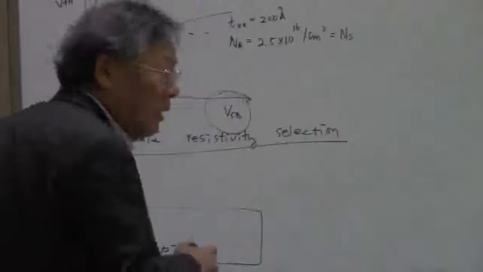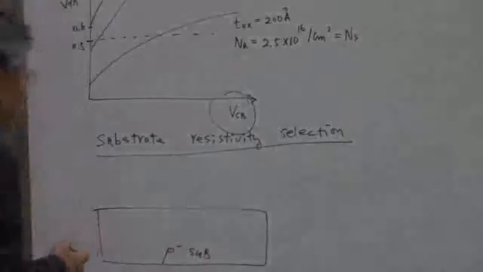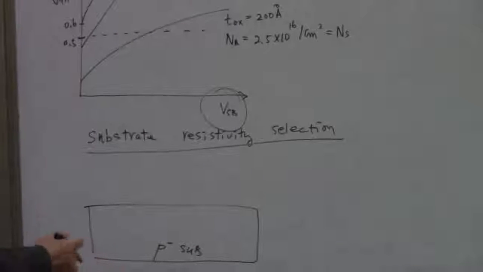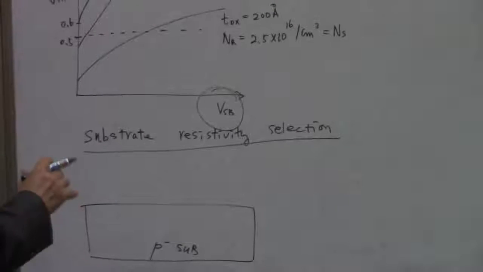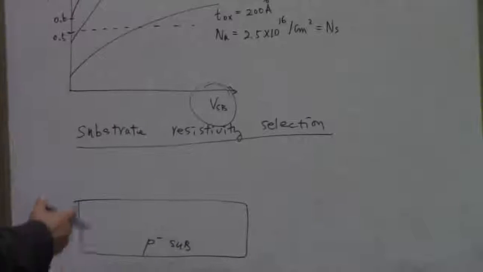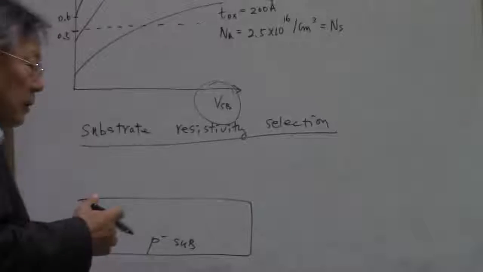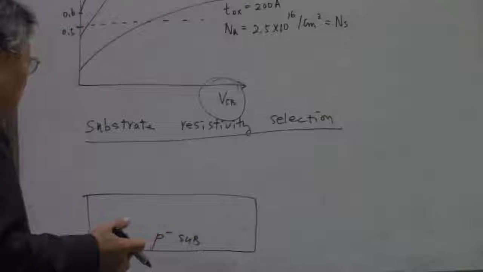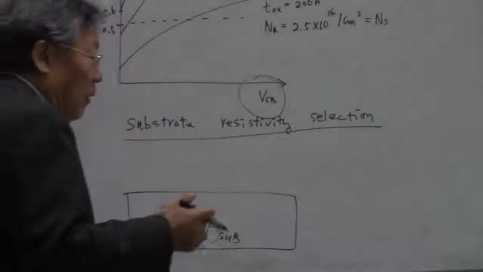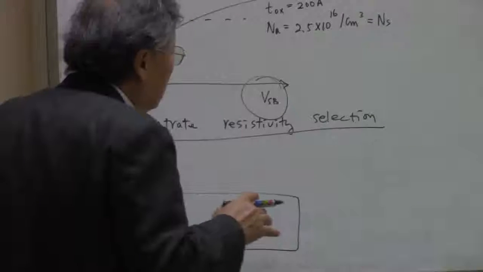It may be regarded trivial, but because we have a good point and bad point to have a high resistivity material, it is not a trivial question at all.